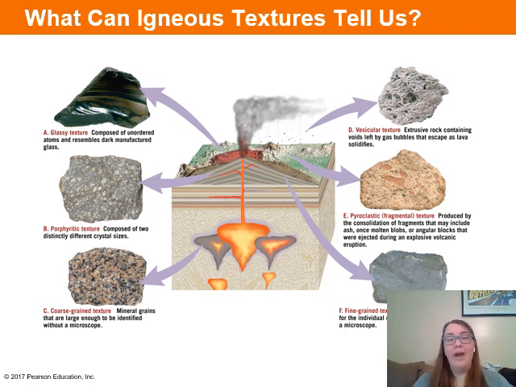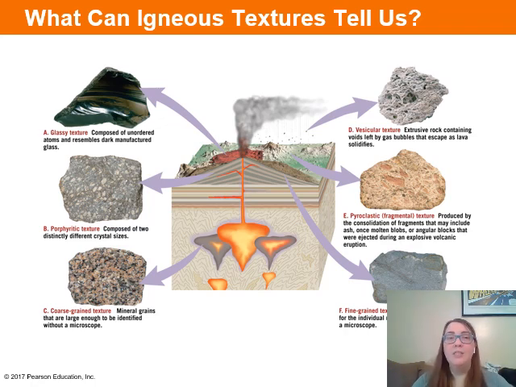But we also have those intrusive igneous rocks, the ones that form very slowly deep inside of the earth, which are our coarse-grained rocks. These are the ones where the minerals are going to be very obvious. We're going to be able to see them with our naked eyes alone. And then finally, we have our porphyritic texture.